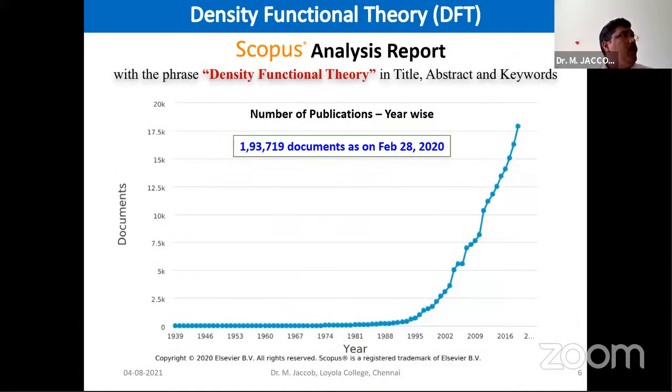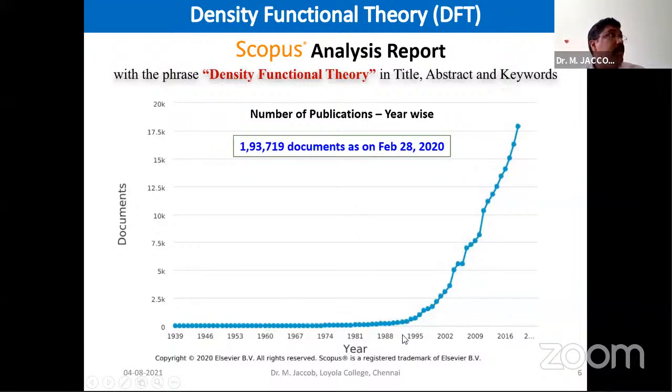Okay, before I talk about my lecture, you have to know the popularity behind the DFT functional. DFT started from 1939, when it was less popular, so there was not that much popularity.